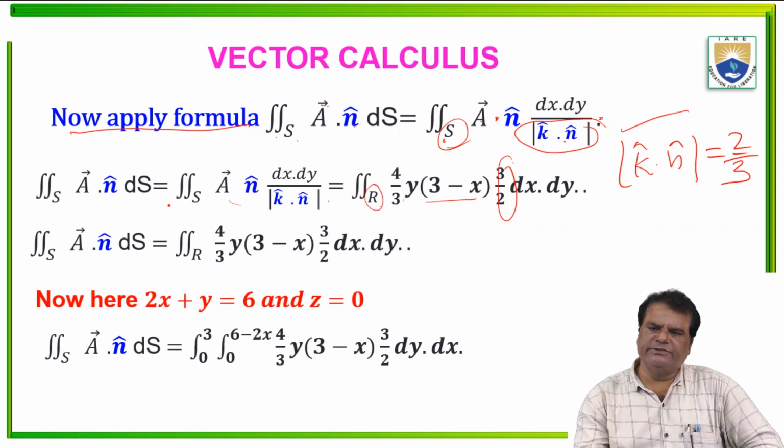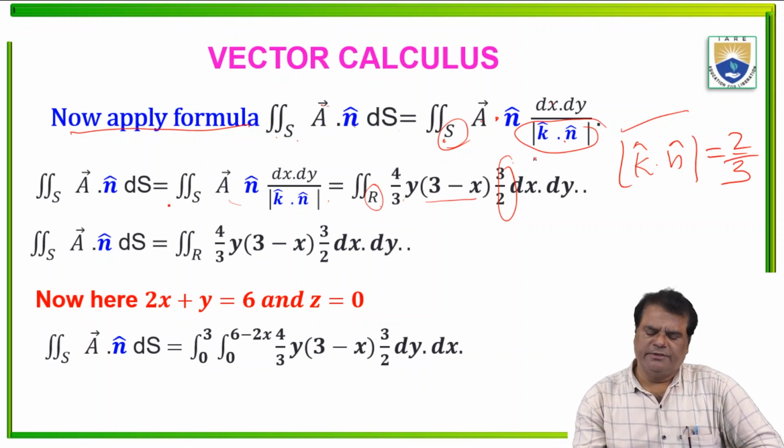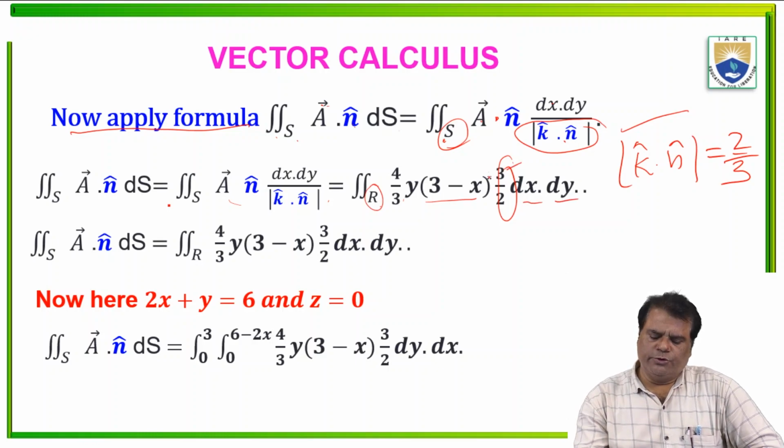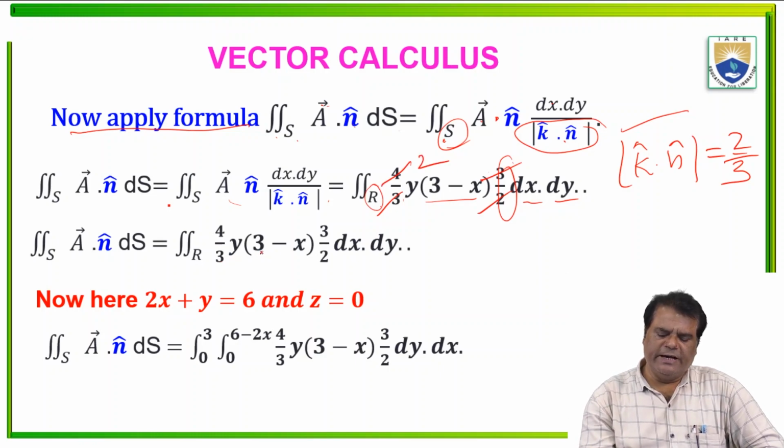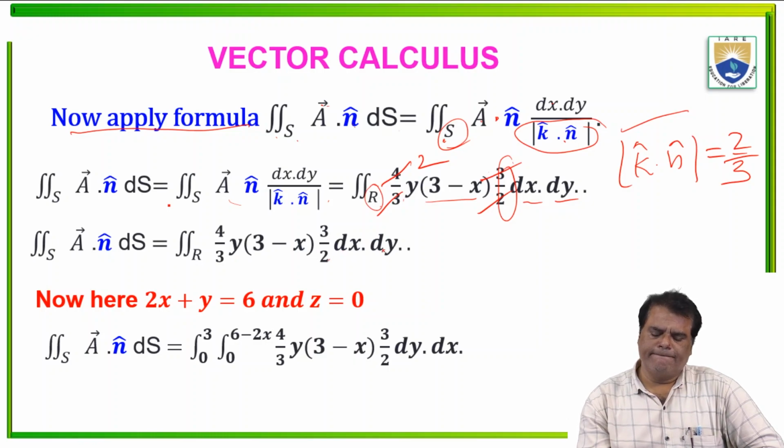Dividing by 2 by 3 means multiplying by 3 by 2, so 3 by 2 dx dy. So 3 is cancelled and 2 is cancelled. We get 4y, 3 minus x, 3y by 2 dx dy.